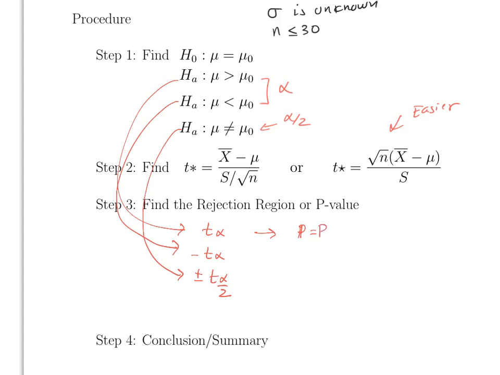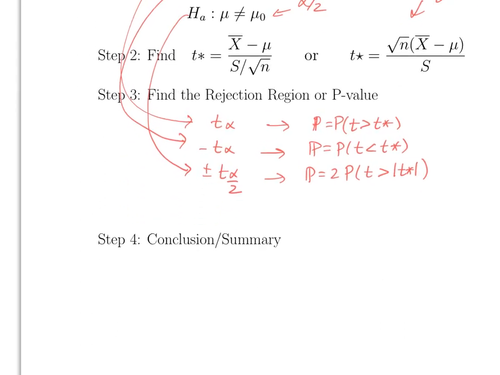The p-value is going to be the probability that T is greater than T star. This one will be the probability that T is less than T star. And this is twice the probability that T is greater than the absolute value of T star. So as you can see, it's the same thing. You're just replacing a Z with T.